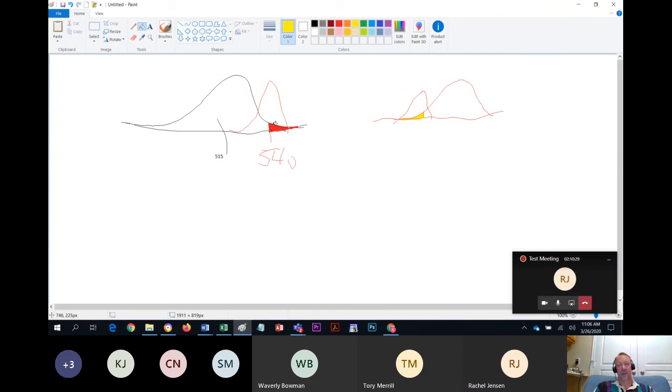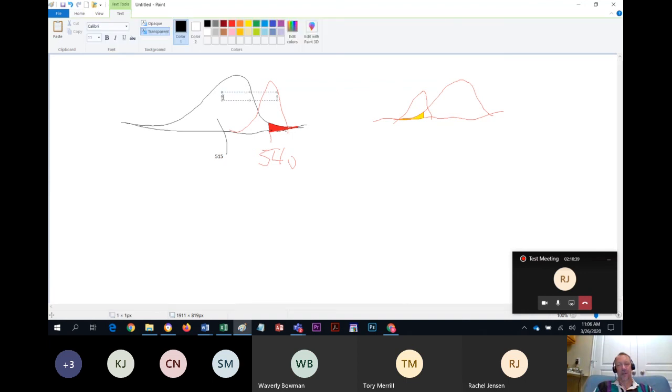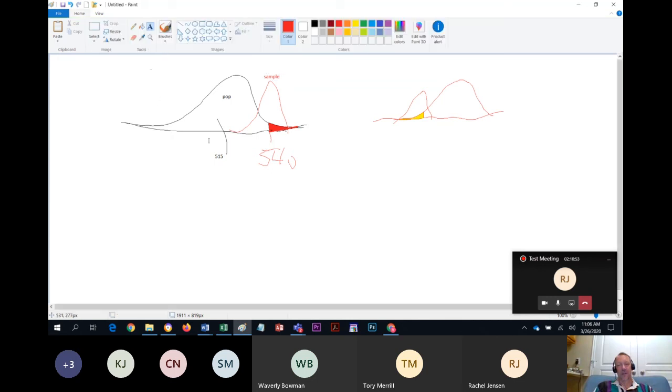Because this is my sample. My sample got 540. So we're comparing, in fact, maybe I better be careful here. In this case, the population is in black and the sample is in red. We're trying to decide if, under the null hypothesis, we think scores are 515.